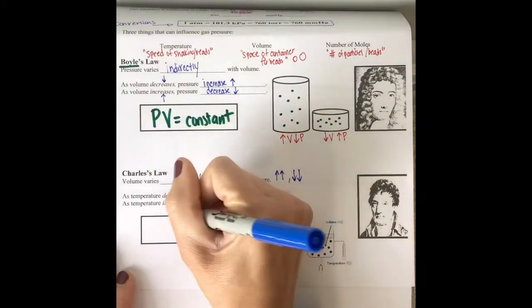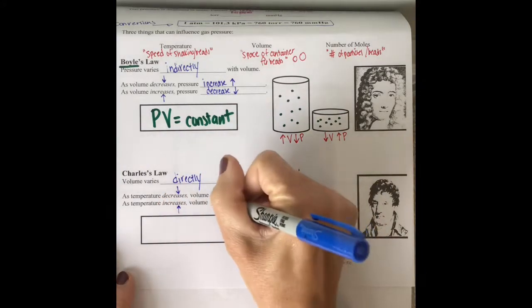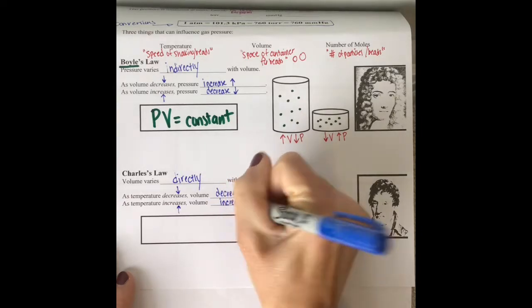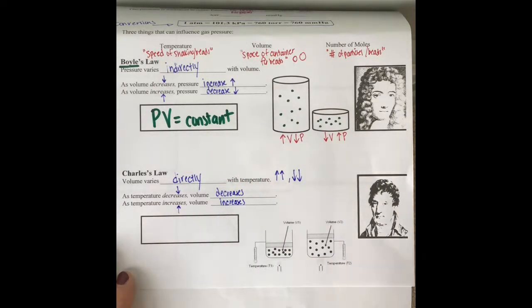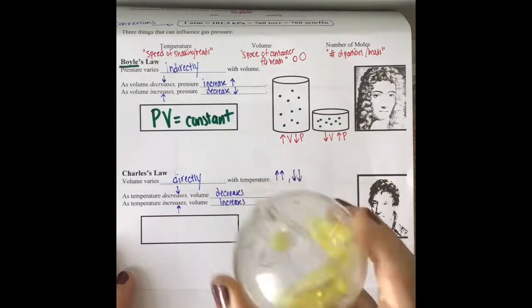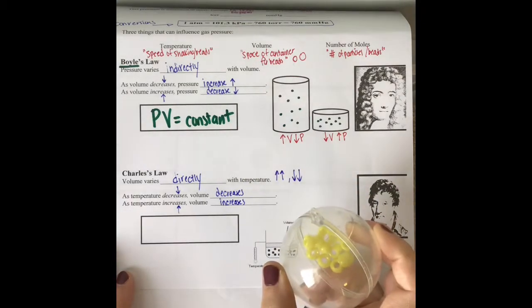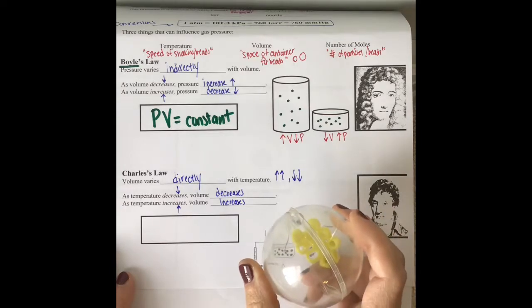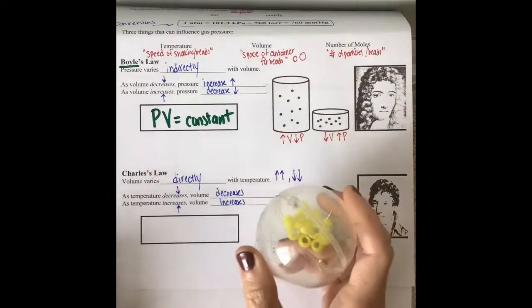On the flip side, if the temperature goes up, the volume goes up. Okay, so now the molecules are moving much faster. Have you ever left a bag of chips in a car on a hot day and it expands?